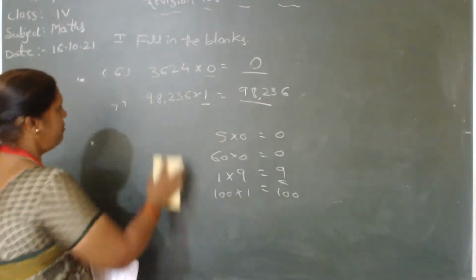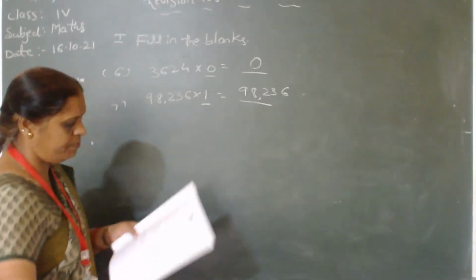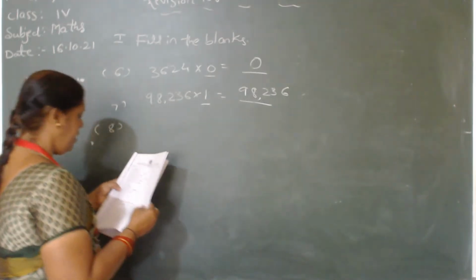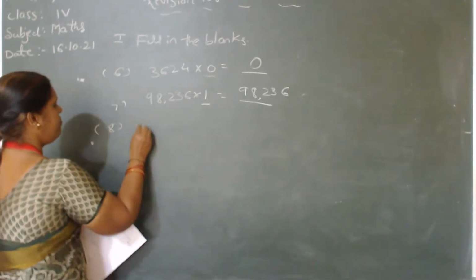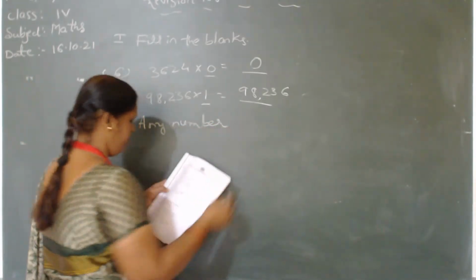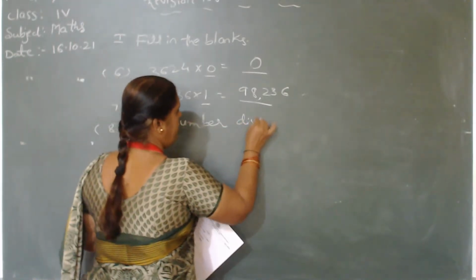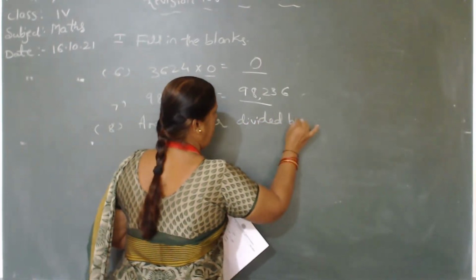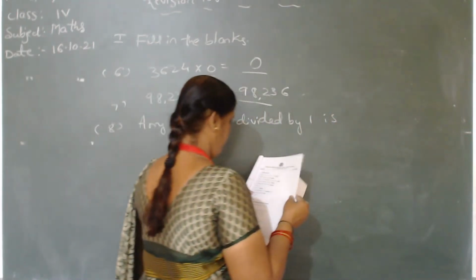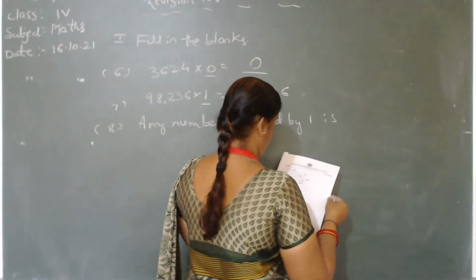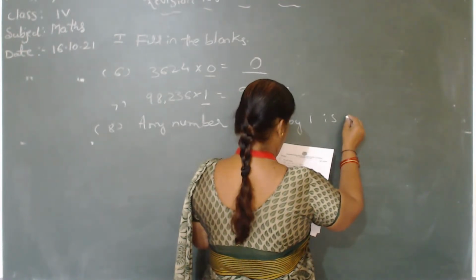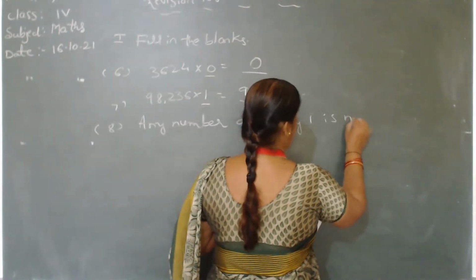So next one, eighth. Any number divided by 1 is the number itself.